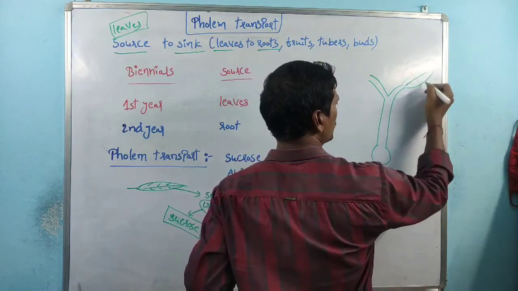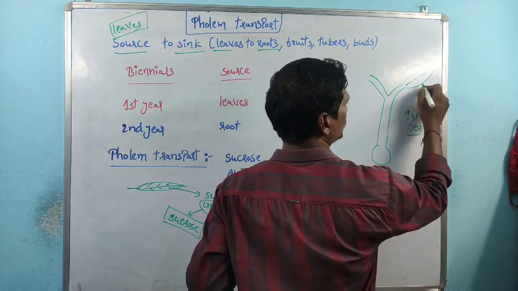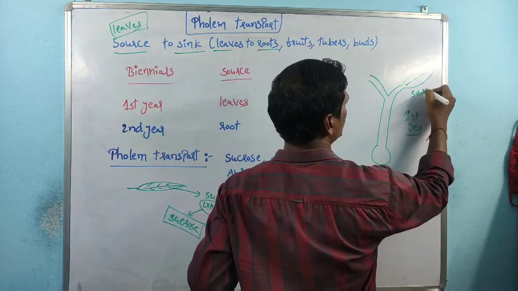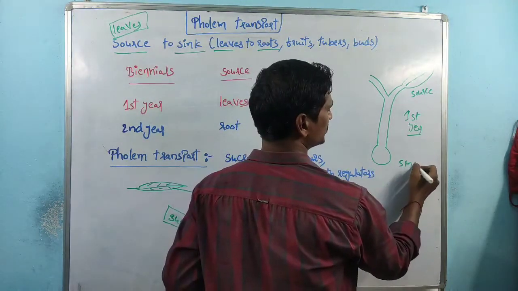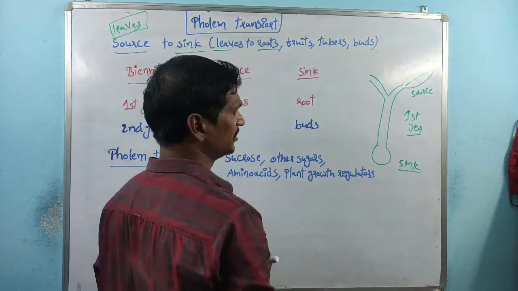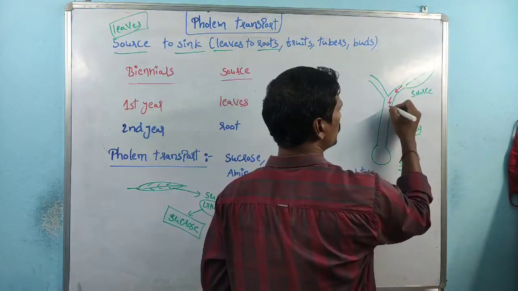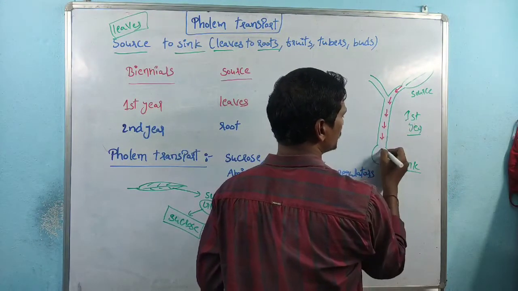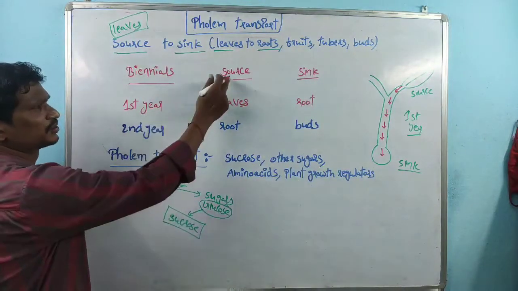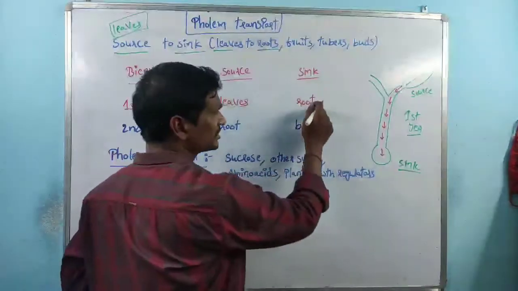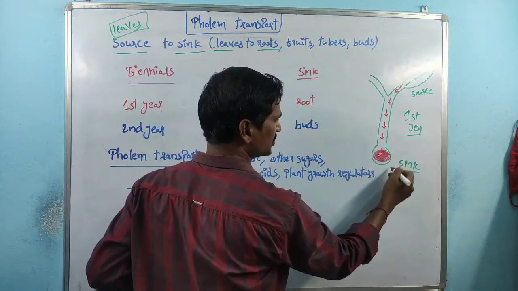Within this biennial plant, in the first year, the leaf is the source, and the roots are sinks, because whatever carbohydrates are synthesized, the sucrose molecules are transported from leaves to root. So in the first year, source is the leaves, sink is the root, because here storage takes place.